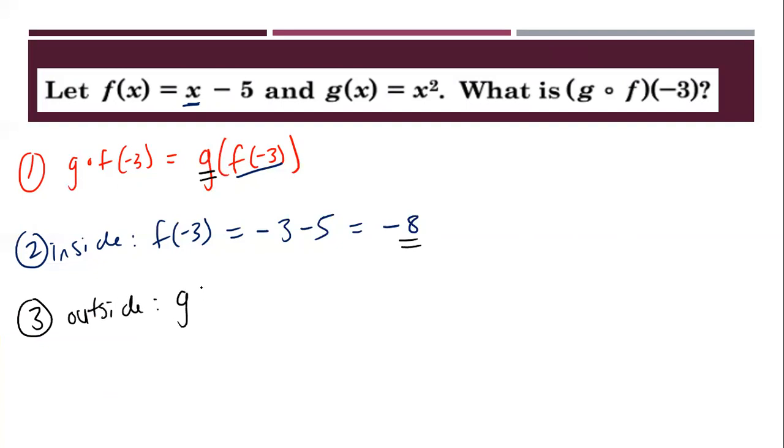So that gives me G of -8. So where x is, it's going to become -8 squared. And what's -8 times -8? Positive 64. And that is my final answer.